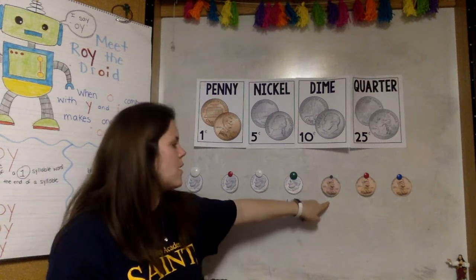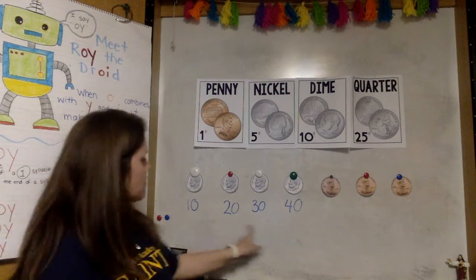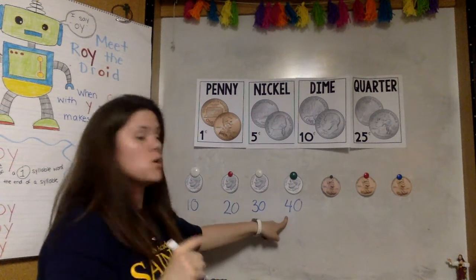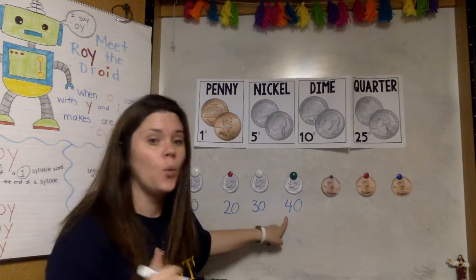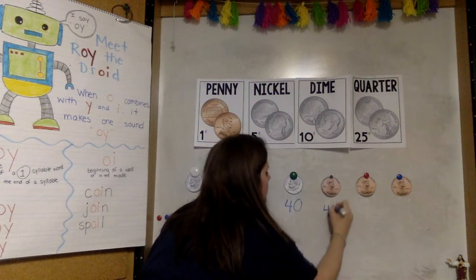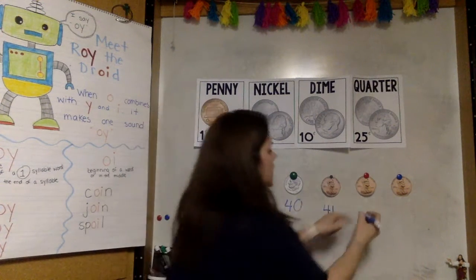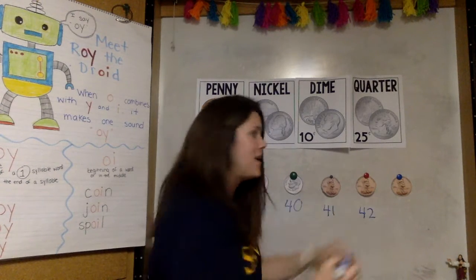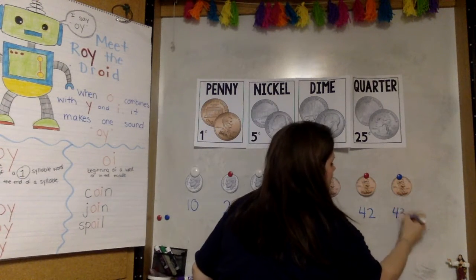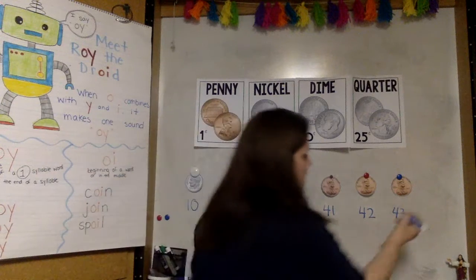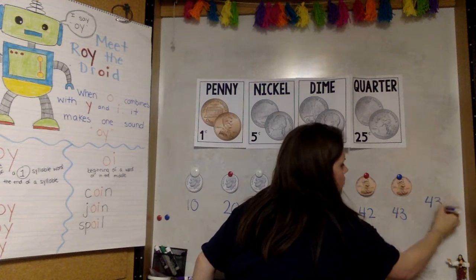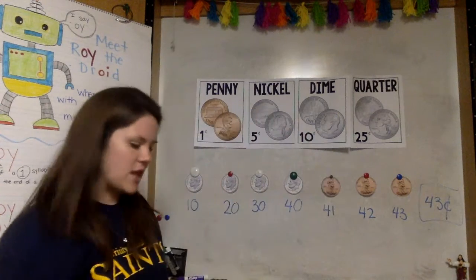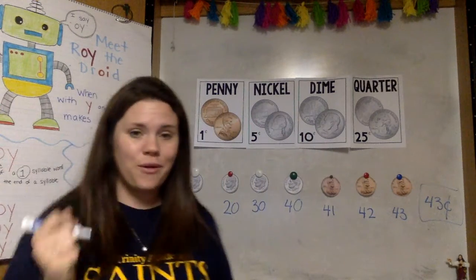No. Now I have to change my strategy. Counting by tens, now I'm counting by ones. So 40 and one more is 41. 41 and one more is 42. One more is 43. All together, we have 43 cents in the jar, right? My cent symbol, that C with the line through it.